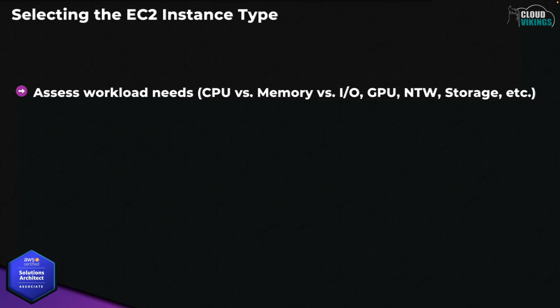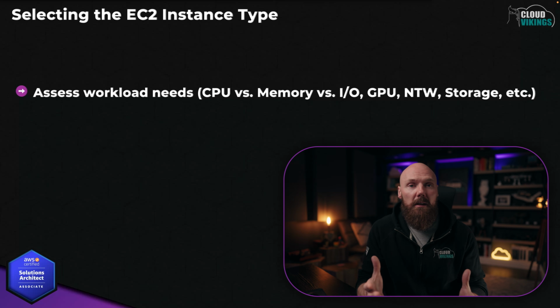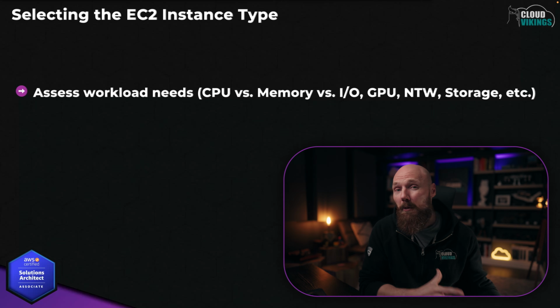Now that we know about all the different instance types and what they're best at, how do we really go about choosing the right one for a use case? Well, the first step is really to assess your workload's requirements. You want to identify what resource is most critical for your application's performance. Does your workload do a lot of computations, so it's more CPU bound? Or does it load huge data sets into memory and have large caches, so it's more memory bound?